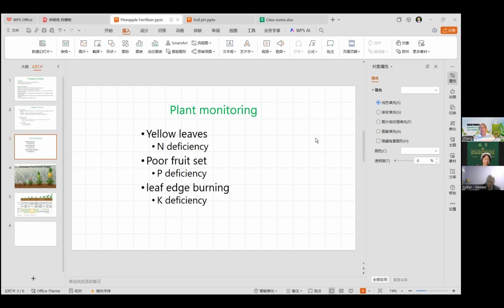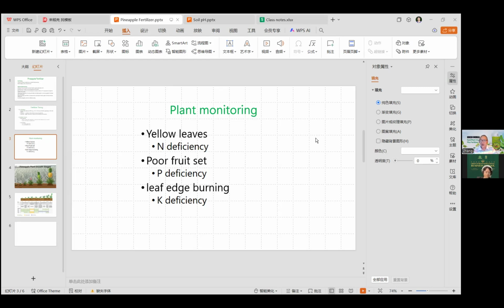So you can always apply NOPF and organic manure in the soil, because organic manure changes your soil quality and soil nutrients, providing not only nutrients but actually improving your soil structure.